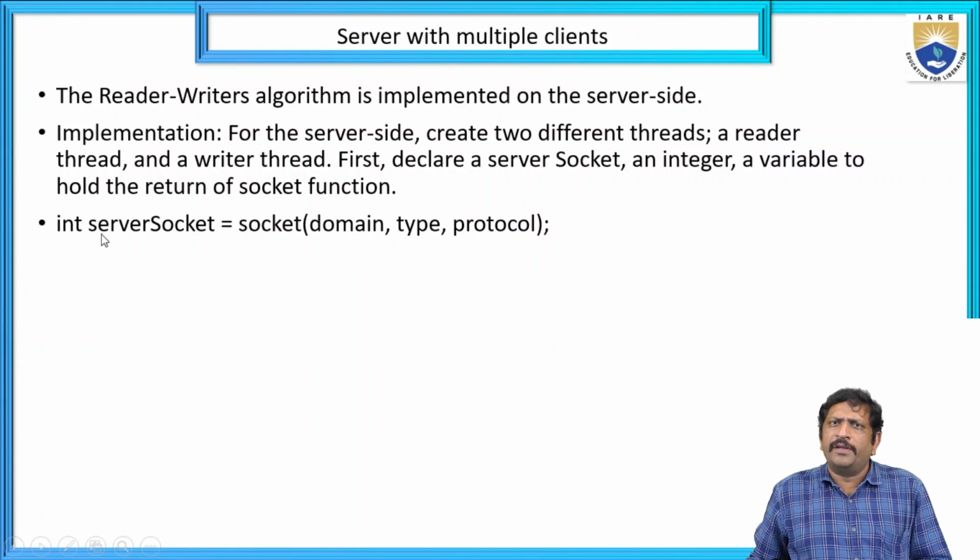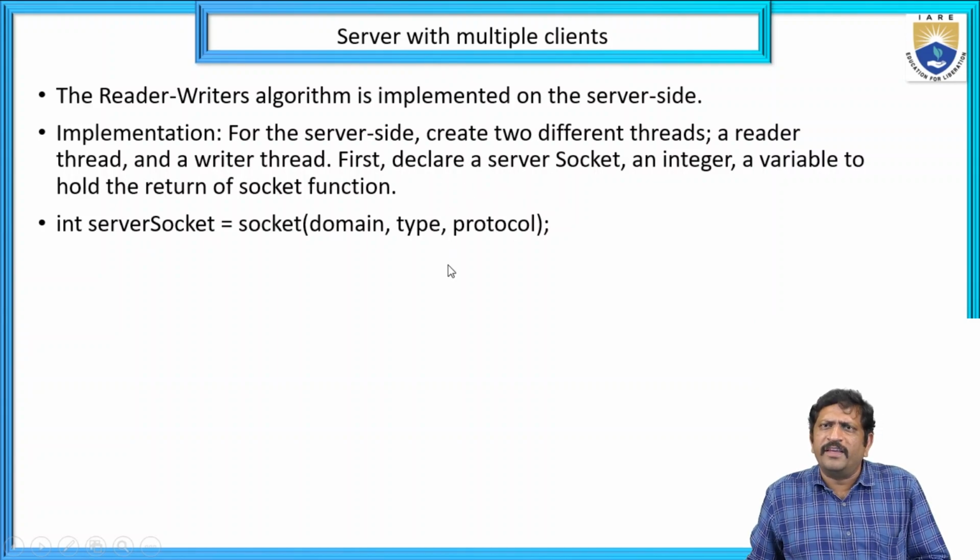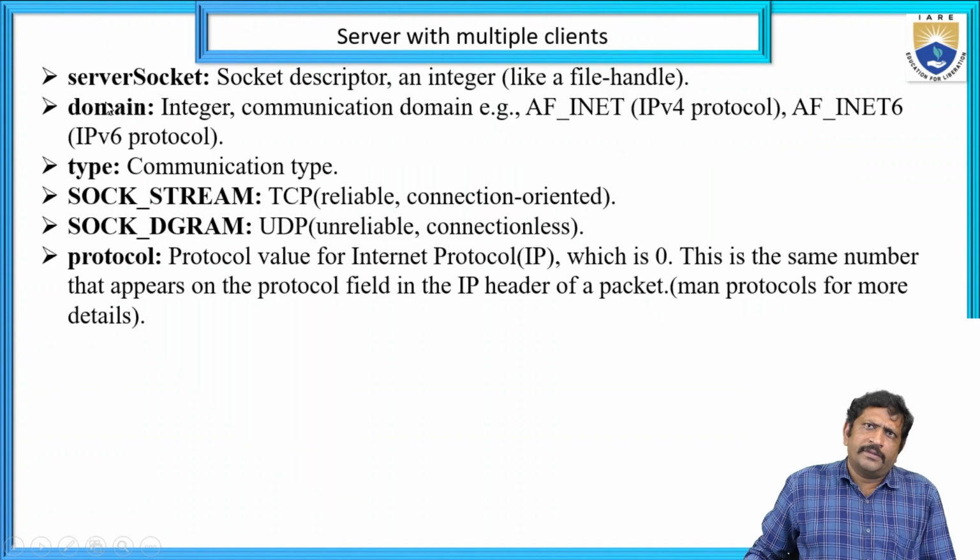With this we can perform the server socket reading and writing operations in a particular domain. So this is the server socket declaration. With the help of this server socket only, we can perform reading and writing operations on the server side and client side.